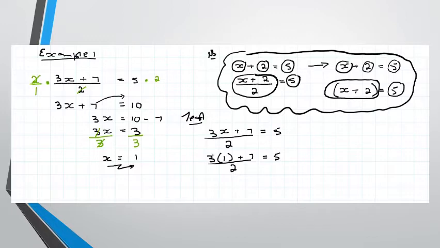Then 3 times 1 is 3, plus the 7 gives me 10, divided by 2 equals 5. Then 10 divided by 2 gives me 5, equals 5. Once again I see my left hand side is indeed equal to my right hand side, and through that I know my answer must be correct.